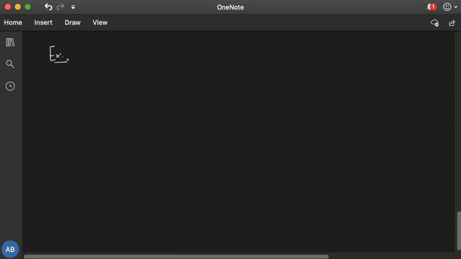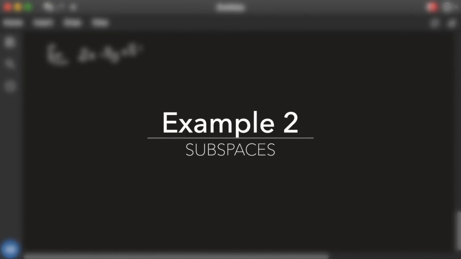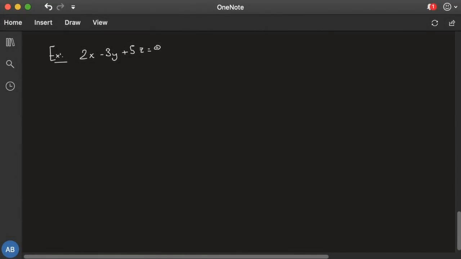Say I've got the following equation: 2x minus 3y plus 5z is 0. This equation actually defines a relationship between the components of the vector (x, y, z). What is the relationship? It's this one, right? This is the relationship between the components of the vector (x, y, z).